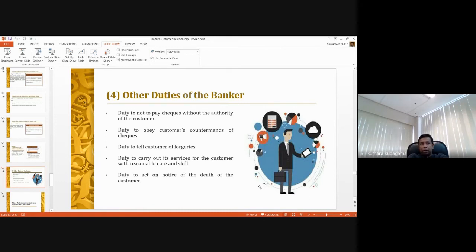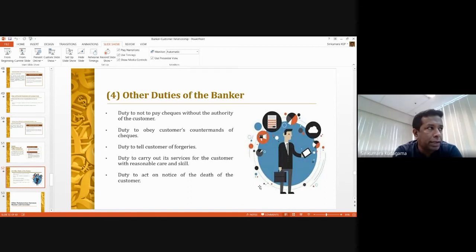Practically, a bank would look at that, and if the customer is not connected to the forgery, the bank is very likely to rectify the loss to the customer, because the bank's reputation is much more important than paying some amount to a customer. So the bank would generally make good that loss and move forward.